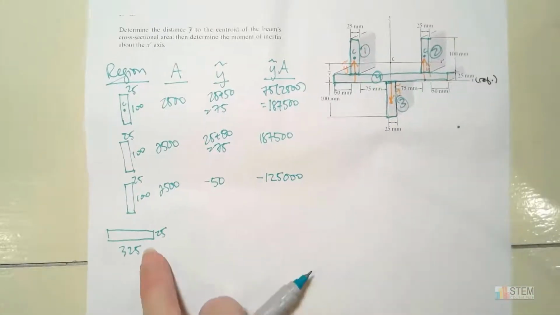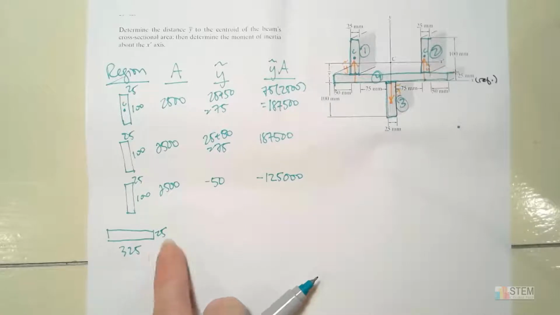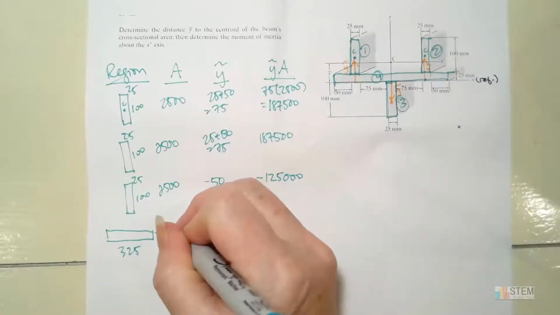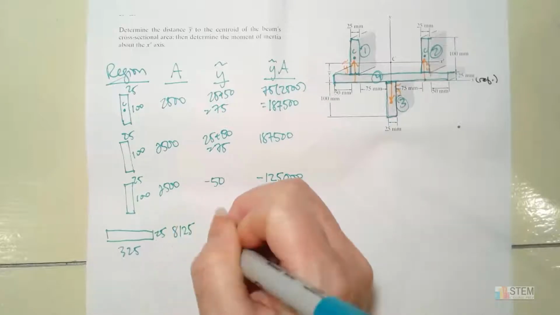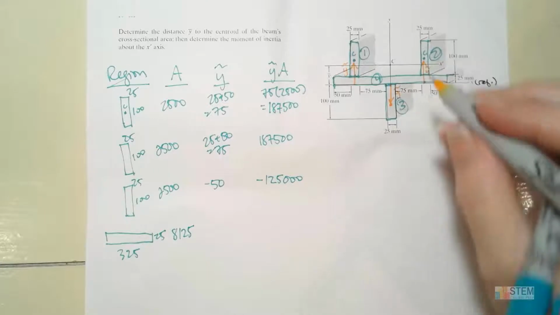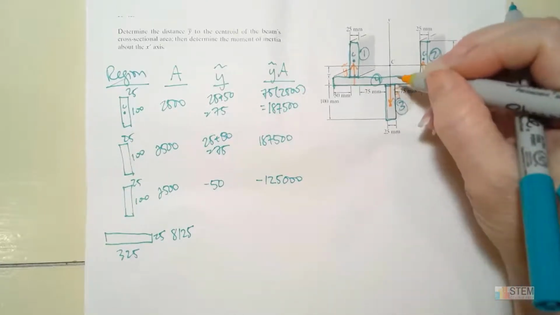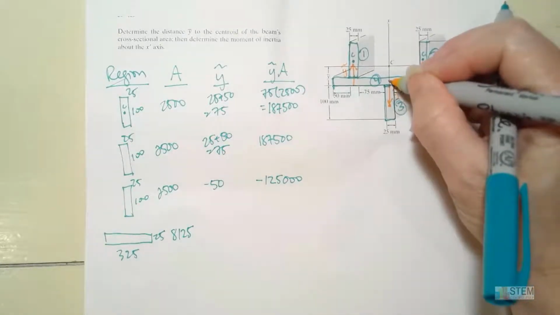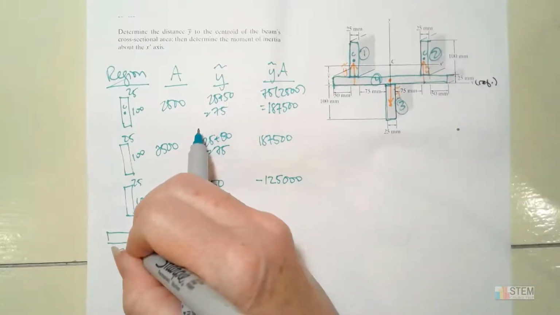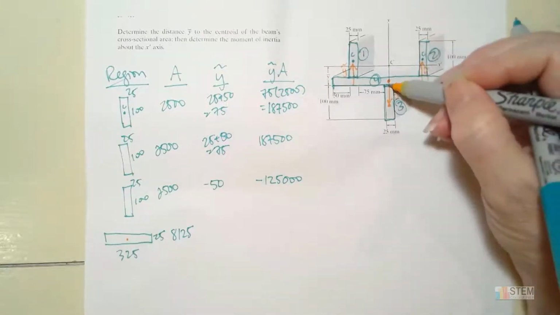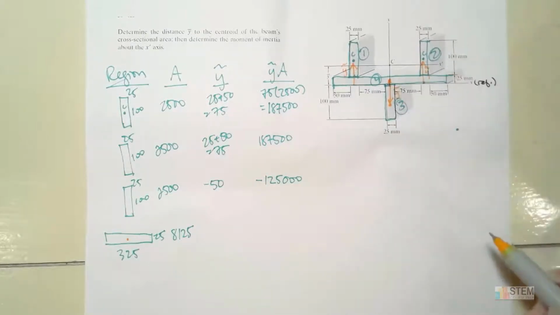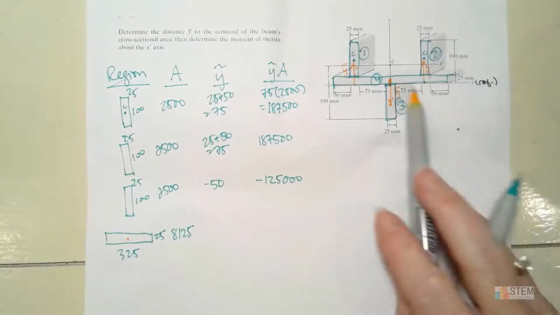And then finally, we get to this one. All right, so area is different here. We got 25 times 325. That's going to be 8,125. Y tilde here. Find the centroid of that rectangle. So it's going to be like right there in the center. So we need to go from the x-axis up to that point there. Kind of hard to show in that little picture. But that's going to be that midpoint.